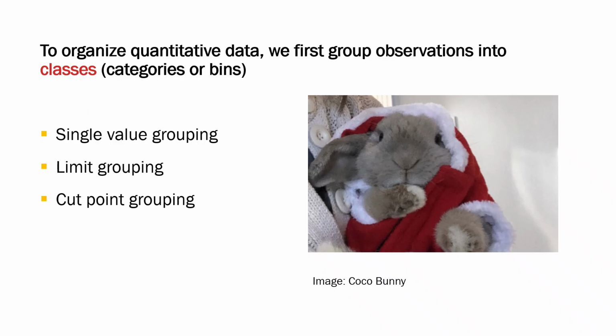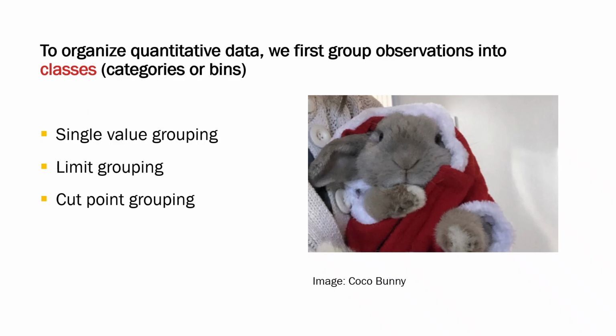And whenever feasible, all classes should have the same width. We'll talk about some of these methods as we go through the three main methods, including our single value grouping, our limit grouping, and our cut point grouping.